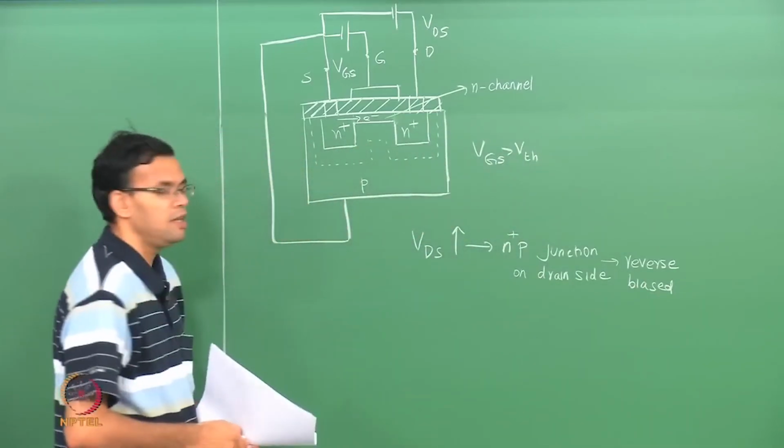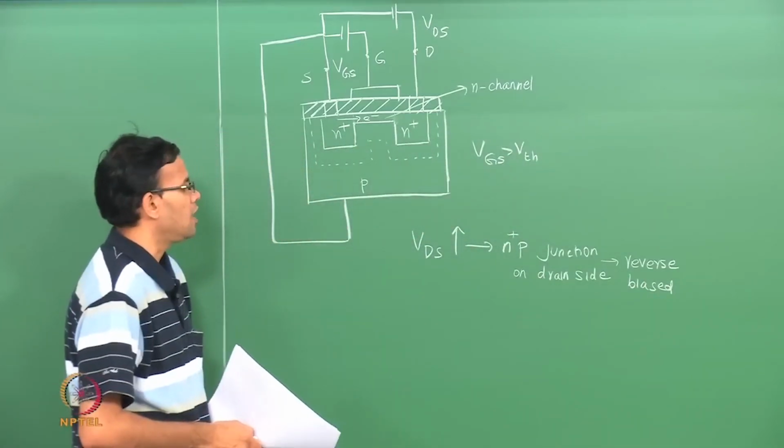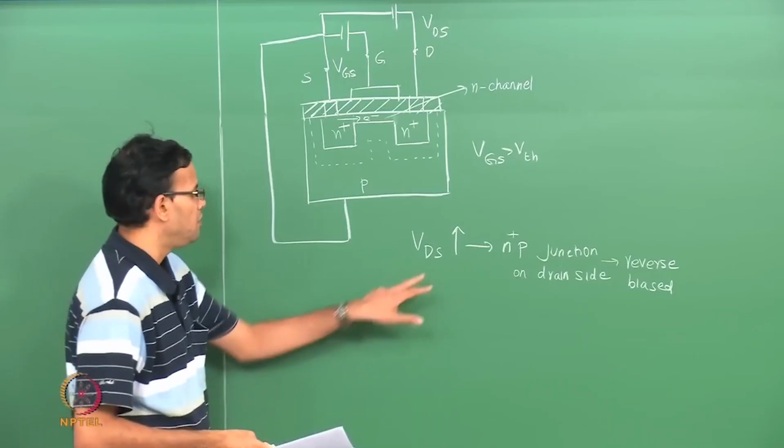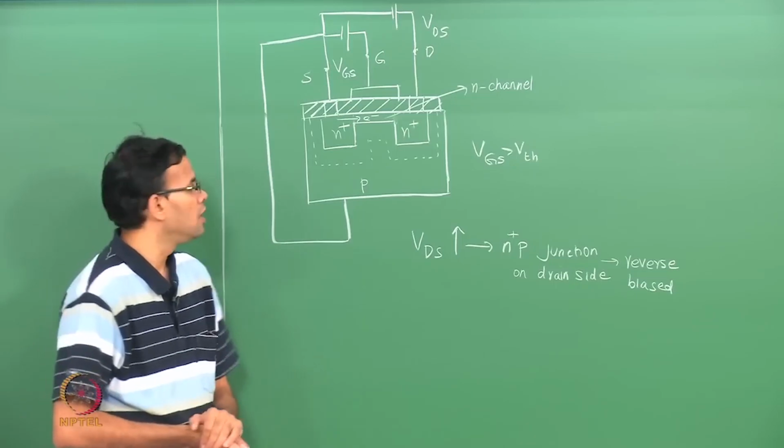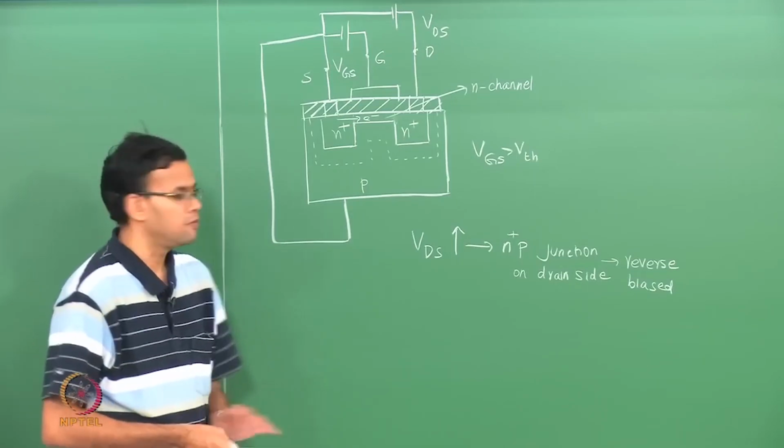This essentially means the channel starts to get narrower as VDS increases, and ultimately above a certain voltage the channel just gets pinched off.